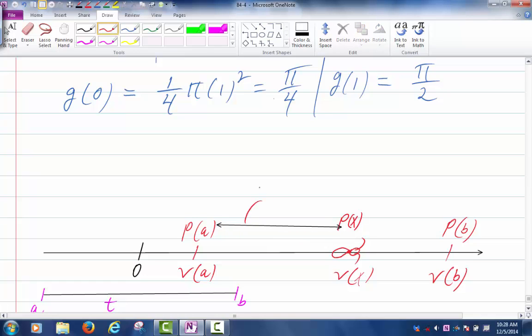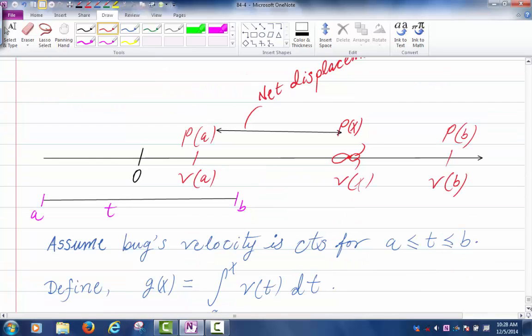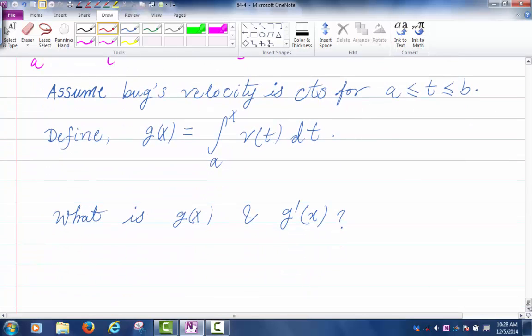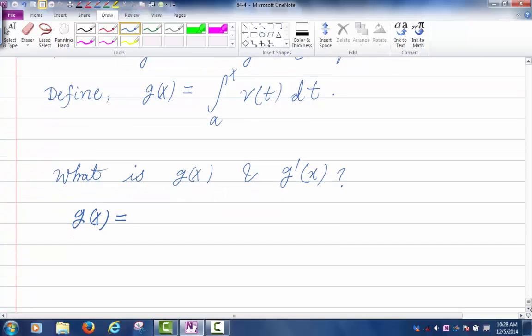Isn't that the net displacement? You guys agree with that? Well, what is g of x then? G of x is giving me the net displacement.